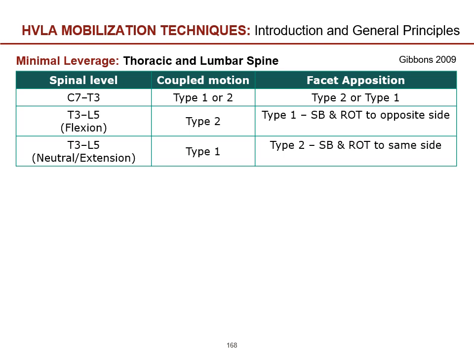And do note that it's also been described that coupled motions can occur differently at different lumbar spinal segments. And so again, though this is good in theory, it may need some modification when you actually go to apply the techniques. With the assumption that type 1 is occurring with neutral and or extended spine, then you would introduce side bending and rotation to the same side.